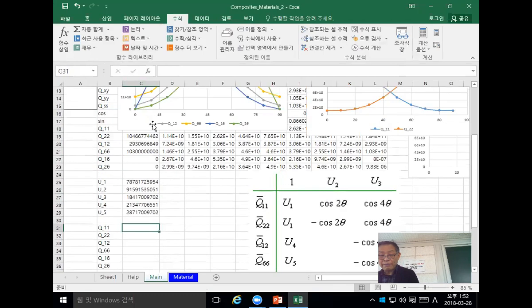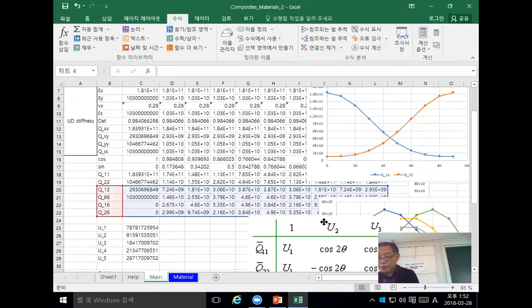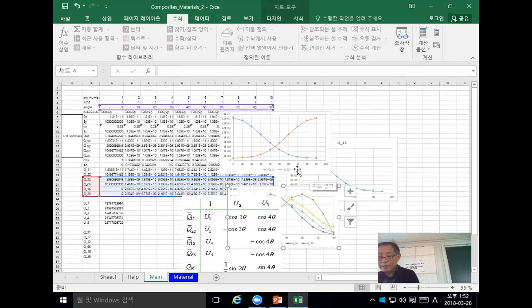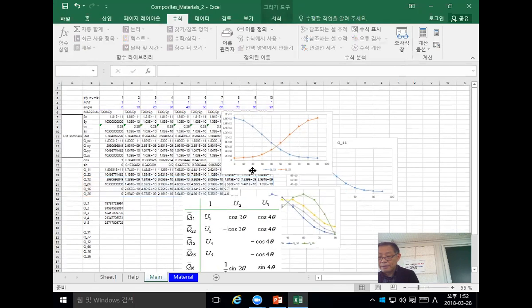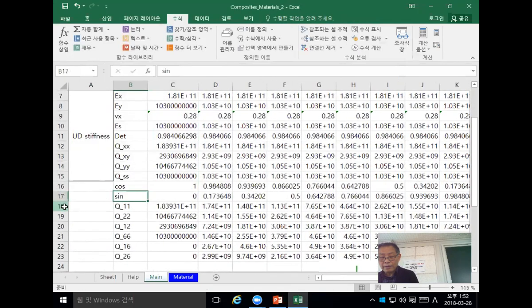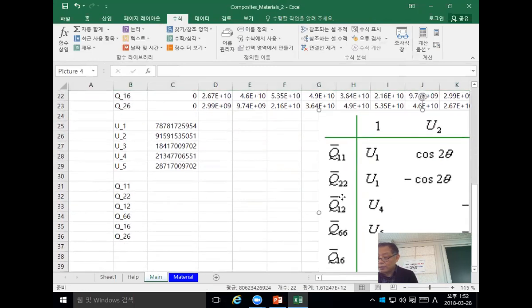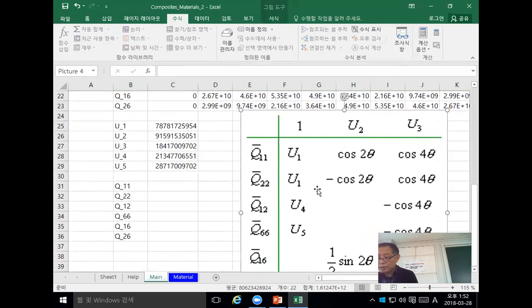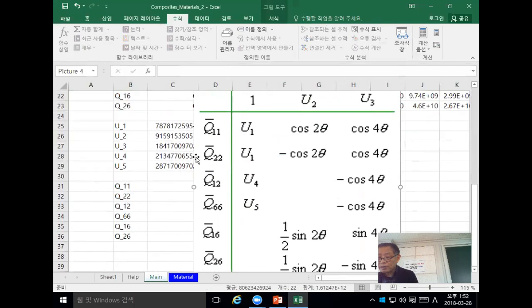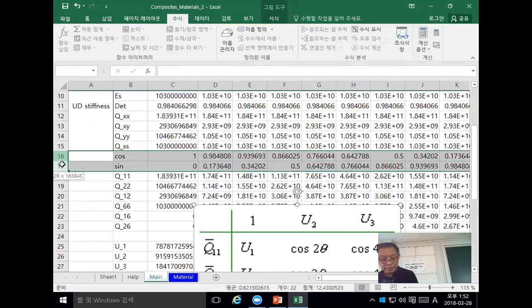Well, we didn't define it yet, right? So we would like to define cosine and sine.